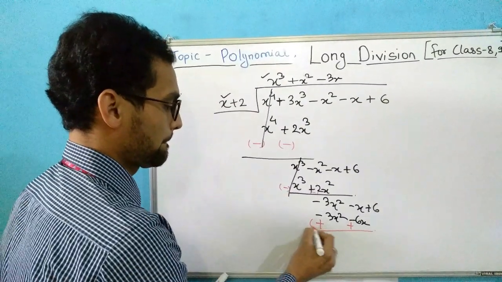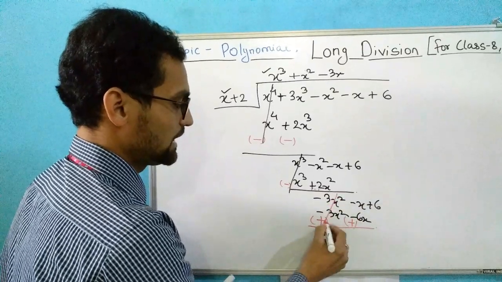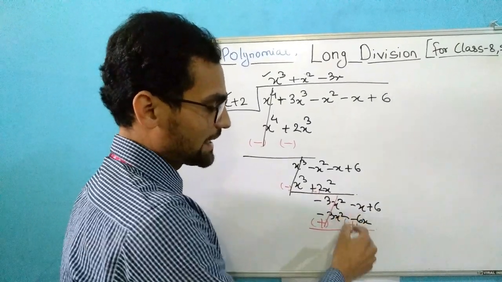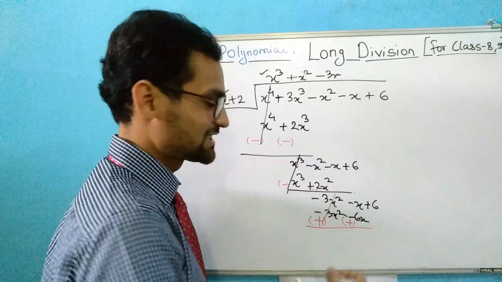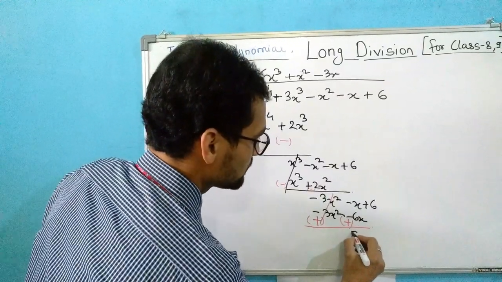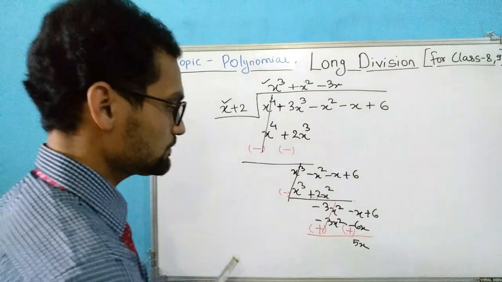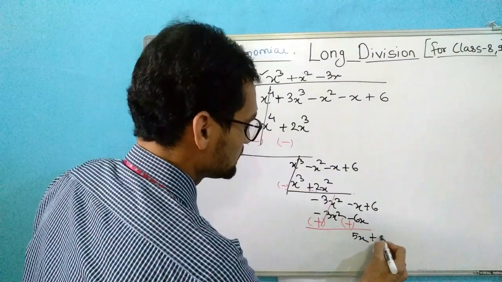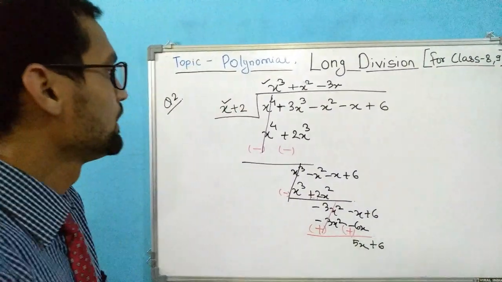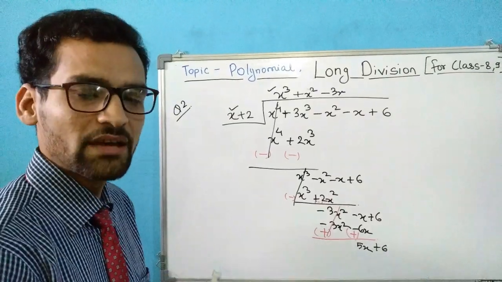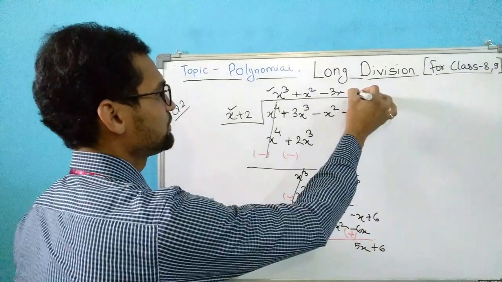Okay, this will cancel out. Minus x plus 6x becomes plus 5x. Okay, plus 5x and we have remainder as 6. So here we will take plus 5 obviously.